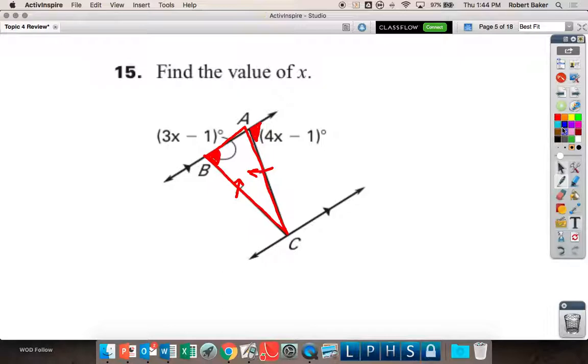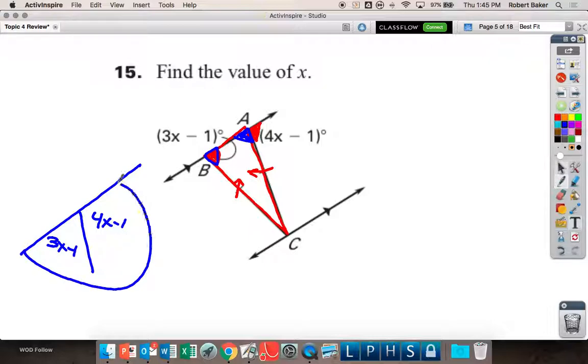So if this angle is 3x minus 1, how big is this angle? 3x minus 1. So now I have a line with a 3x minus 1 angle and a 4x minus 1 angle. The hard part is saying that these two things should add up to how many degrees? 180. So 3x minus 1 and 4x minus 1 add up to 180.